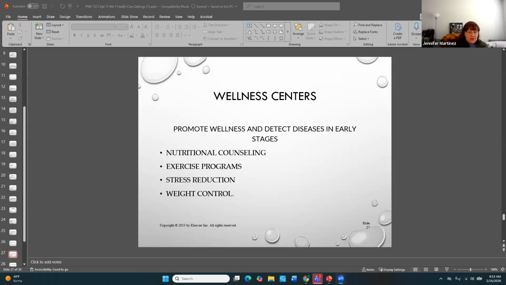So they may offer nutritional counseling, exercise programs, stress reduction, weight control. Things like your weight reduction programs would be things like Weight Watchers. They may also offer classes on smoking cessation, parenting classes. I'm trying to think.